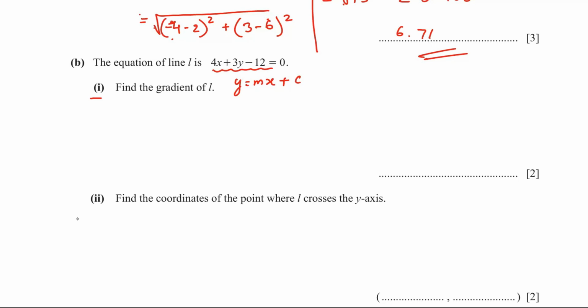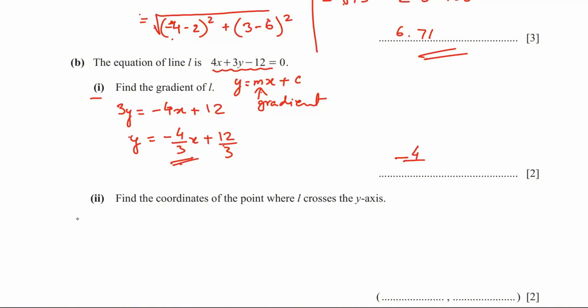So subtract 4x and add 12 to both sides to balance the equation. So we have 3y equal to minus 4x plus 12. So y equal to minus 4 divided by 3 x plus 12 divided by 3. The coefficient of x, which is m, is the gradient. So in this case negative 4 over 3 is the gradient.